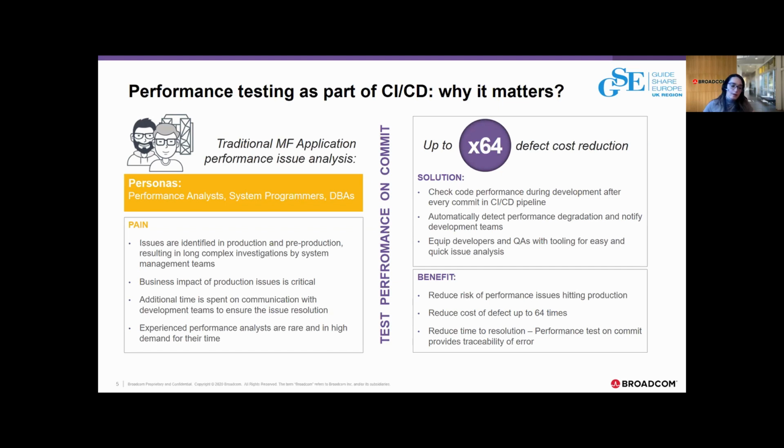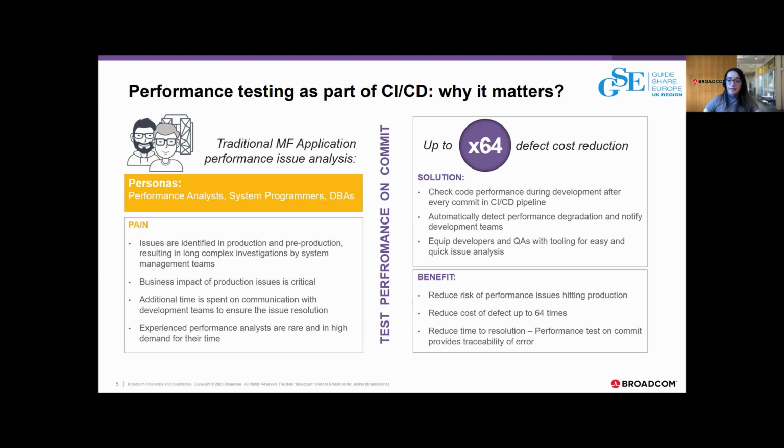We know from researching the market, talking to our customers and other experts, that quite often not enough performance testing is done, and it means that issues are found later, normally in production and pre-production environments. If testing does happen, it's usually pre-production, integration level testing, when it's hard to find out what exactly the issue is.